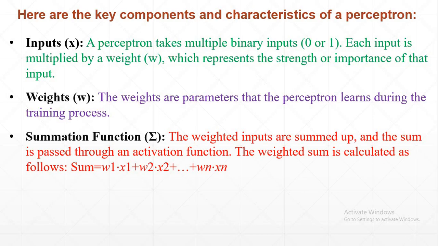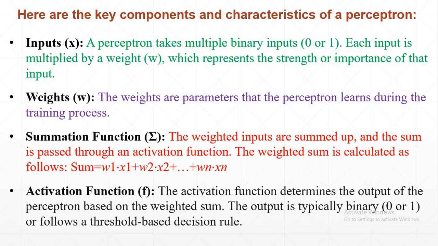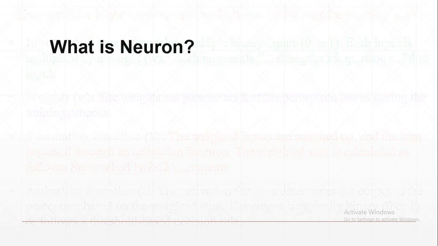Then in the summarization function, we add all the inputs with their weightages as well as the bias. The weighted inputs are summed up, and the sum is passed through the activation function. The weighted sum is calculated as follows; this is the equation of it. The activation function determines the output of the perceptron based on the weighted sum. The output is typically 0 or 1, followed by a threshold-based decision rule.